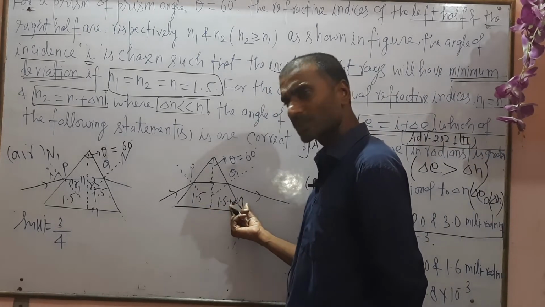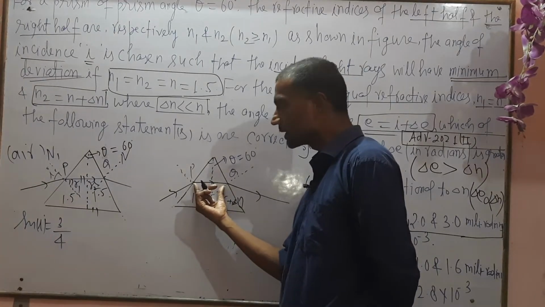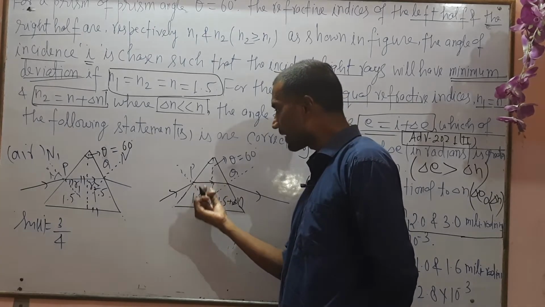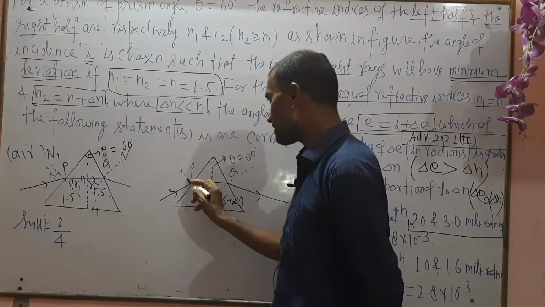Delta n is the unknown quantity, and delta n is less than n, so n is much greater than delta n. Delta n is very small compared to 1.5, so you can assume that the interior ray is parallel to the baseline. So this is the angle I.